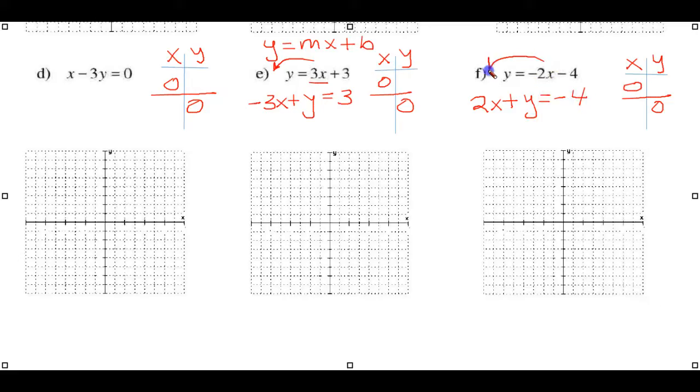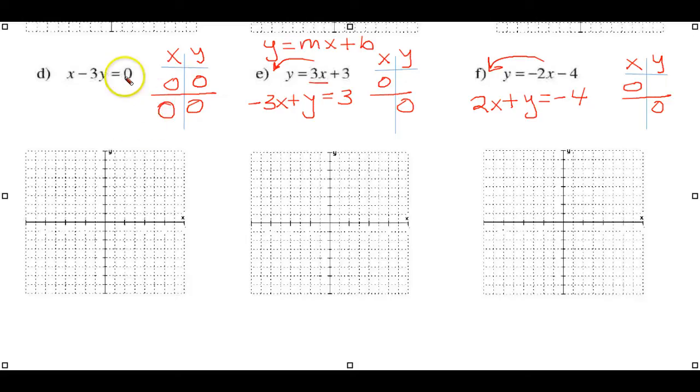Just transposing that. So now if x here is 0, in fact, go ahead and do those. If x is 0, y will be 0. If y is 0, x is 0.